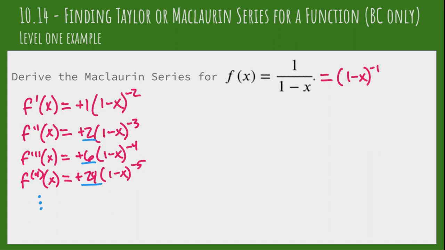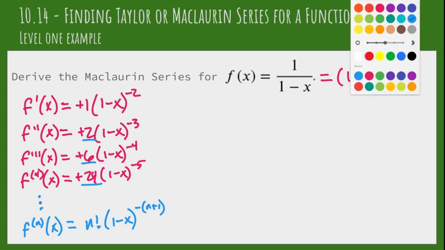So if I want to generalize this, which is something we want to do if we can, this is going to be n factorial times 1 minus x to the negative n plus 1. So some version of that.